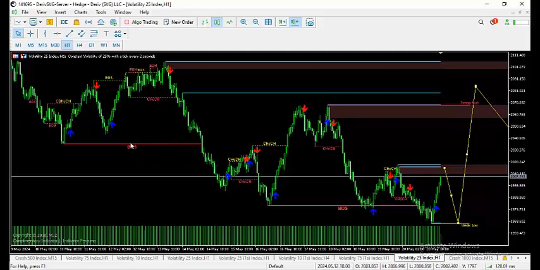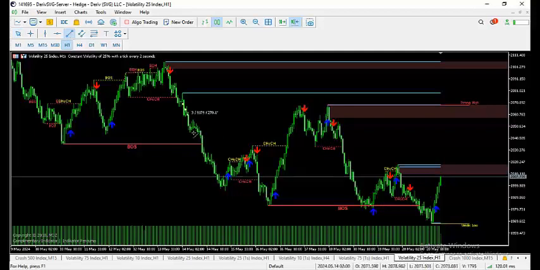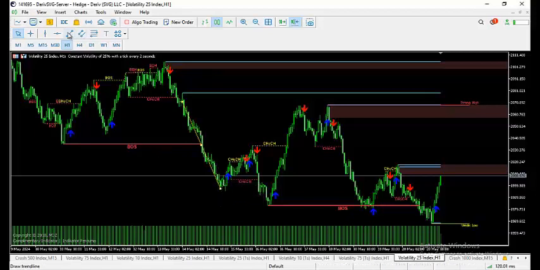Whenever we have a major break of structure over here, what we simply look for is the low over here. You can see price broke down. This is the high that broke this structure. After it was broken, what happened?